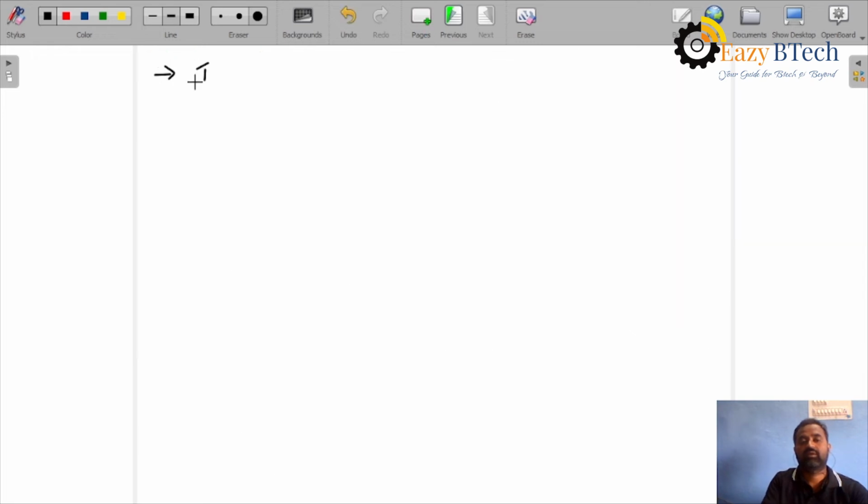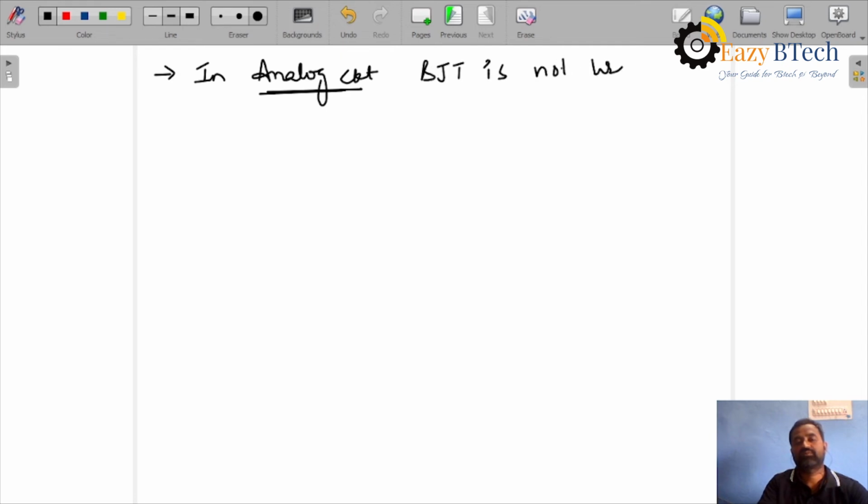In analog circuits, BJT is not used in inactive region as an attenuator.